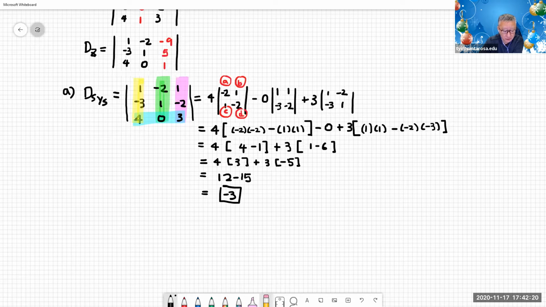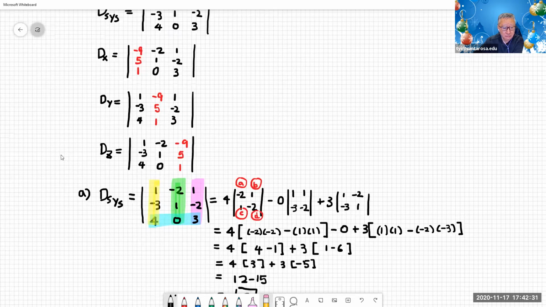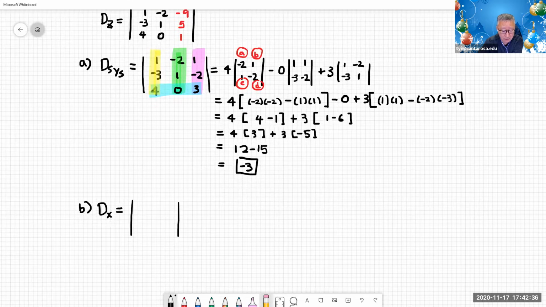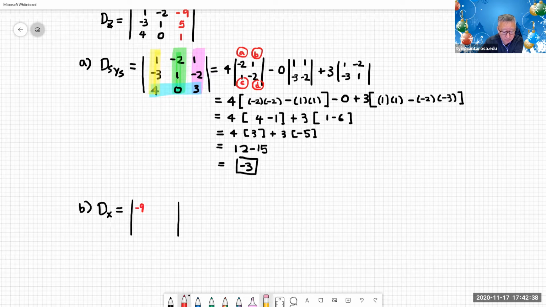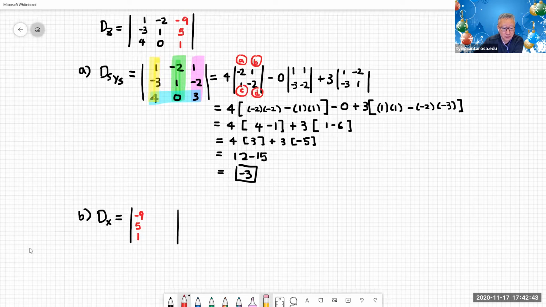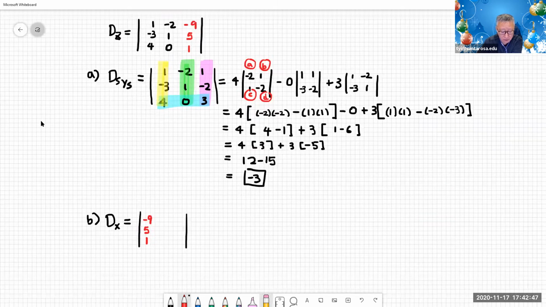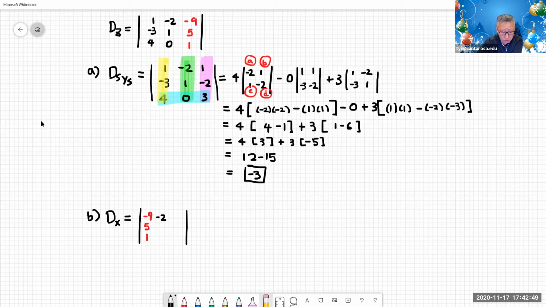All right, let's look at the x determinant now. So determinant of x. Let's just rewrite what we have above. You got minus 9, 5, 1. And then we have minus 2, 1, 0.